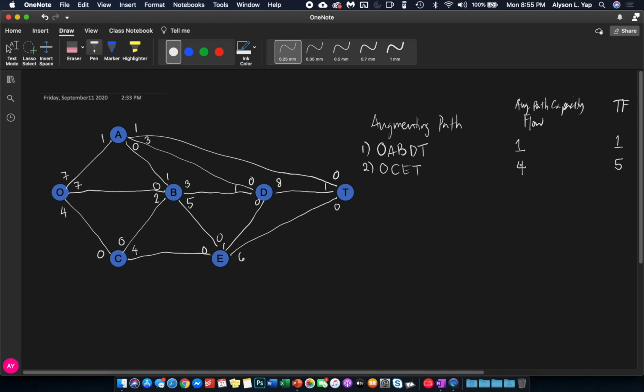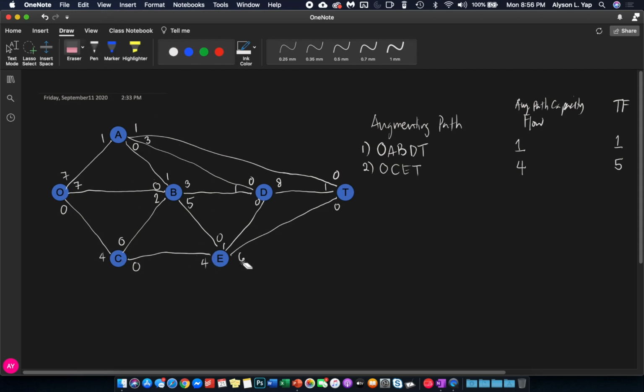And because we are letting 4 units flow through OCET, then this 4-0 will become a 0-4. This 4-0 will become a 0-4.